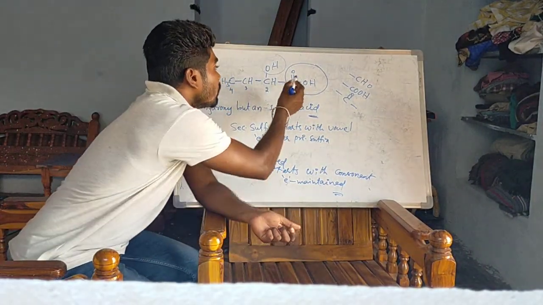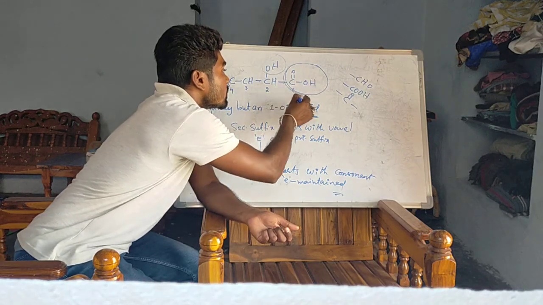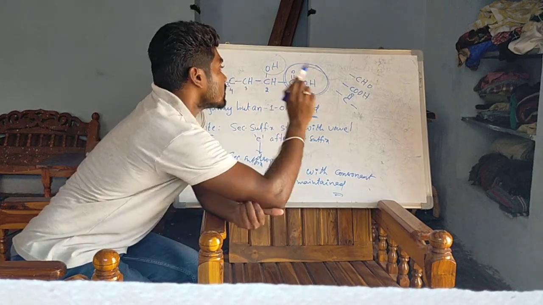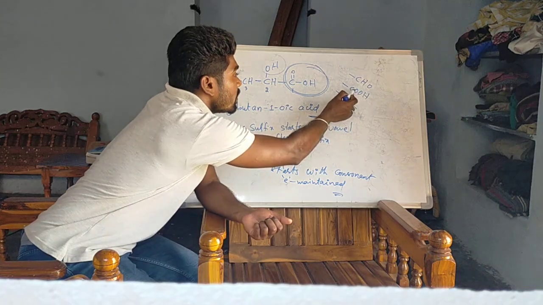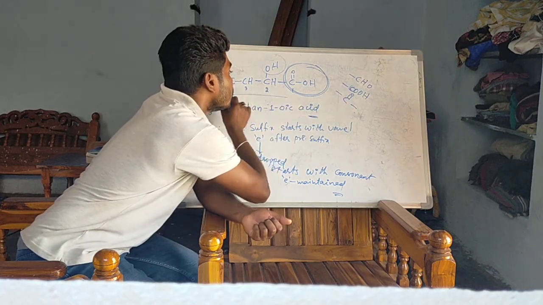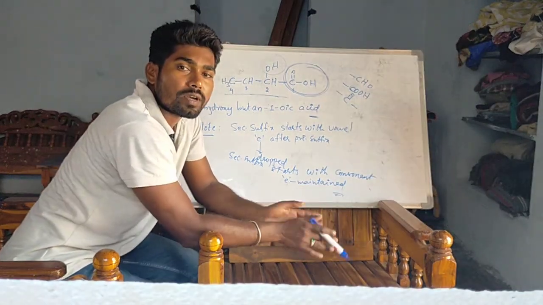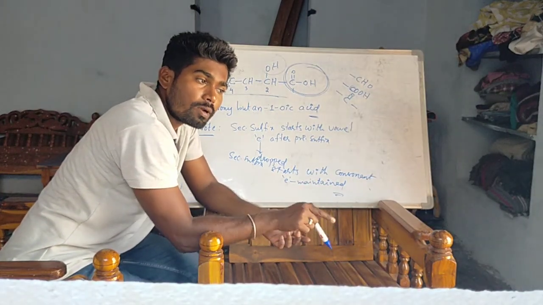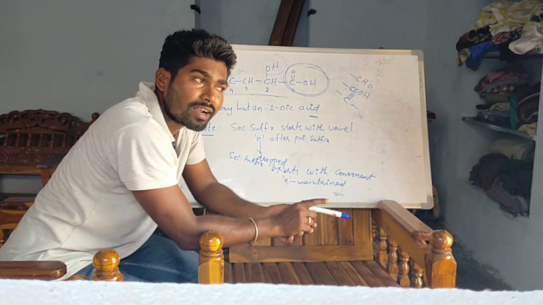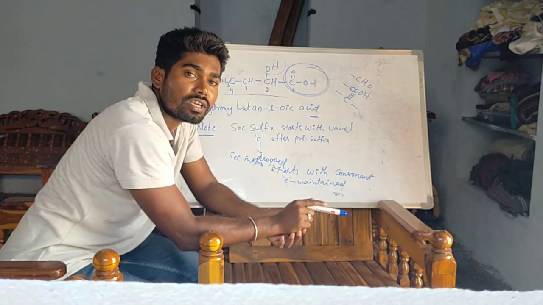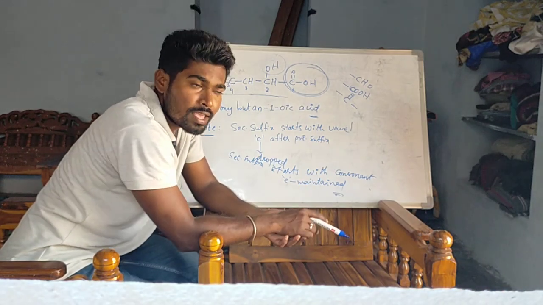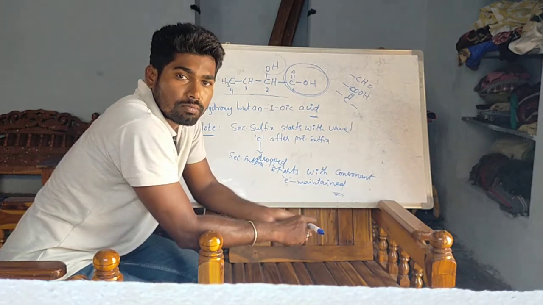See here, if you express this functional group as COH, the carbon is there. This carbon belongs to this parent chain. That's why you have numbered it 1. So if there is a carbon in any functional group, that carbon belongs to the parent chain, meaning that carbon should be counted along with the carbons in the parent chain. This is one more note you have to remember.